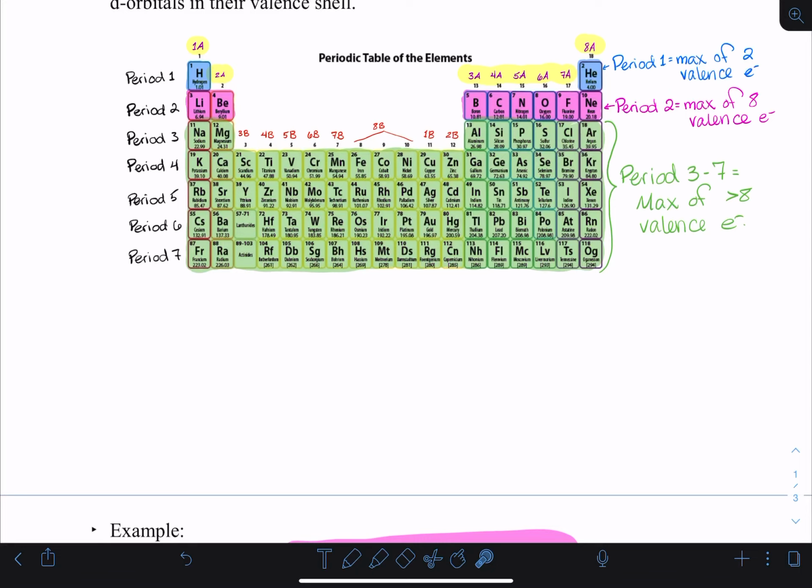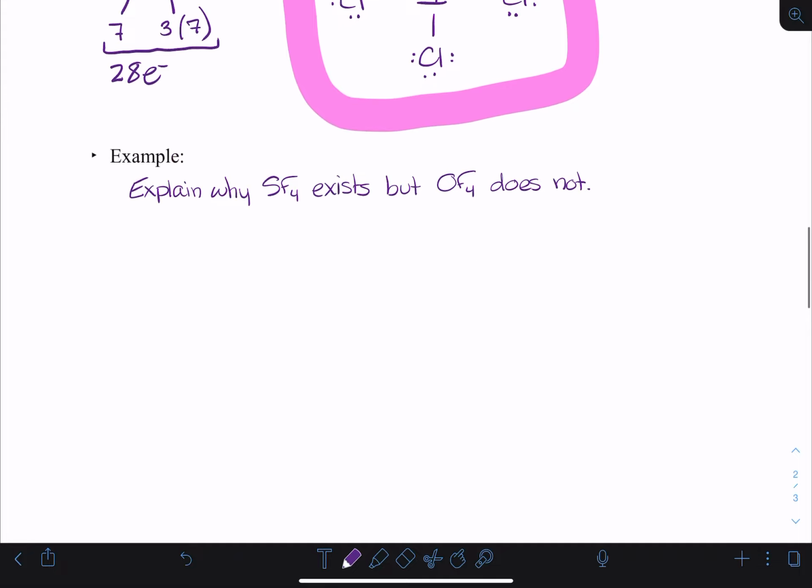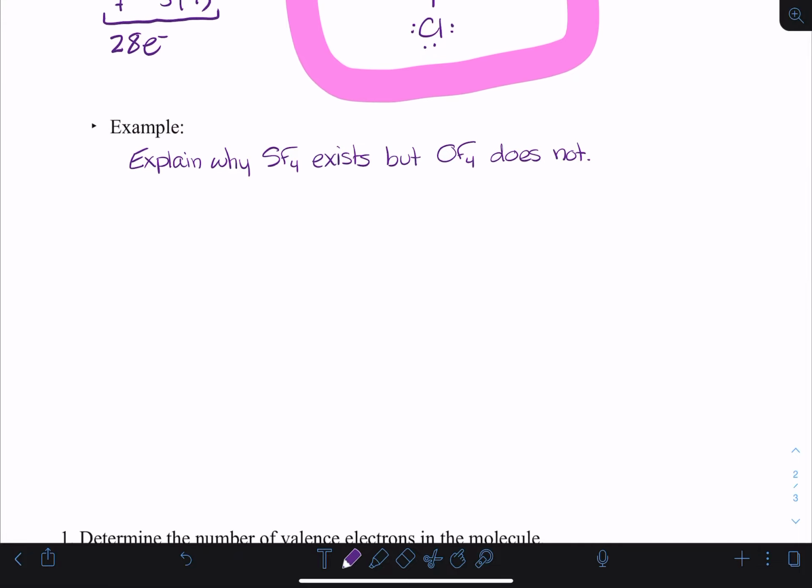But it is true that SF4 exists and OF4 does not. So if we draw the structures for both of these, we'll be able to see why.